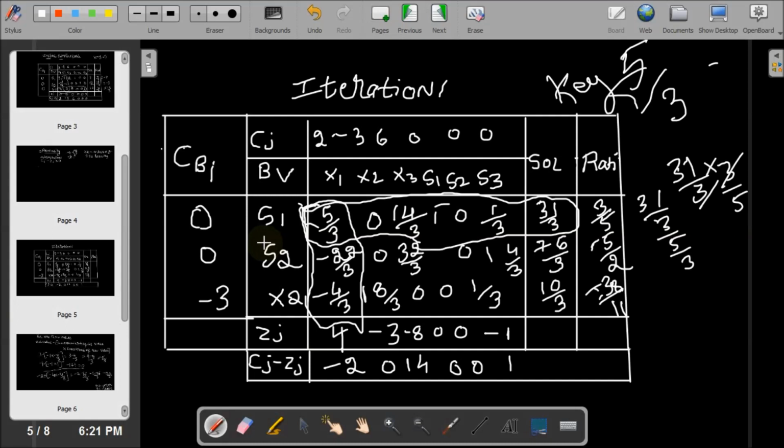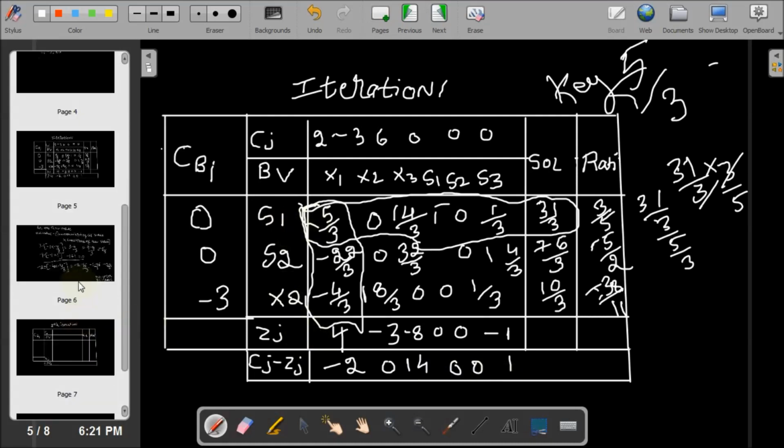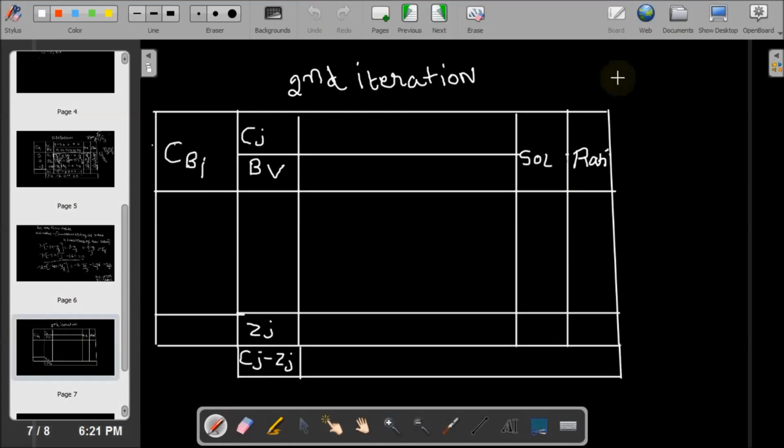Now which is the variable leaving here? S1 is leaving, X1 is entering, because I found the key element in S1. That's why S1 is leaving and X1 is entering.